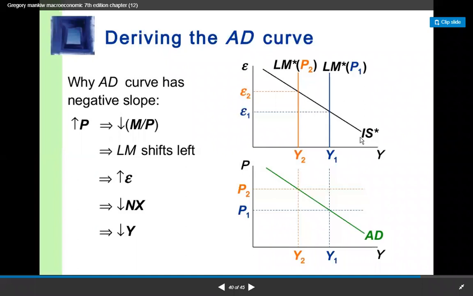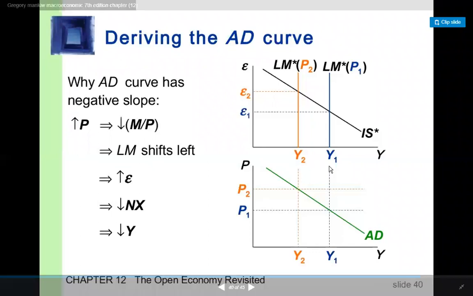The IS star curve is in black color, and the LM star curve is in blue color. Our first equilibrium point is over here, where the exchange rate is e1 and the income level is Y1.